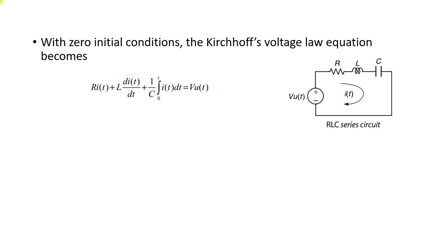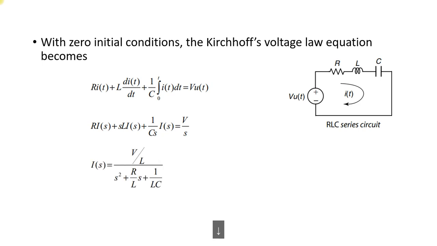Now you take the Laplace transform of this equation. It looks like this: R into I(s) plus sL into I(s) plus 1 by Cs into I(s) is equal to V by s. So you take I(s) outside and rearrange the equation.